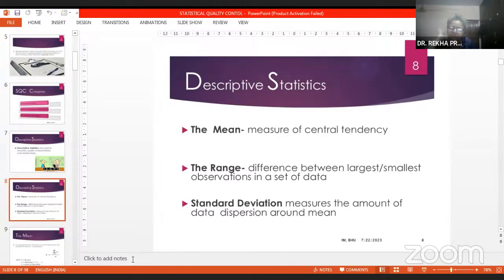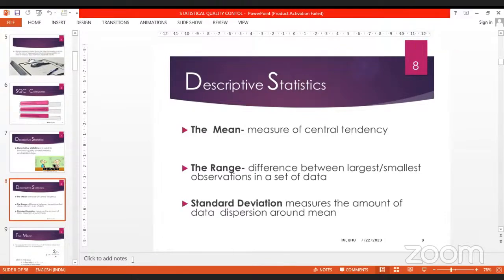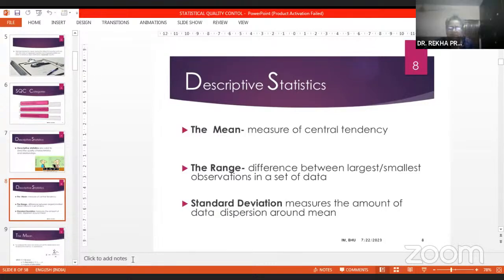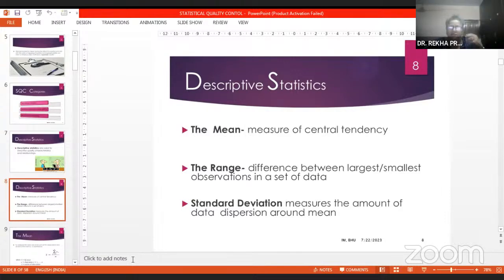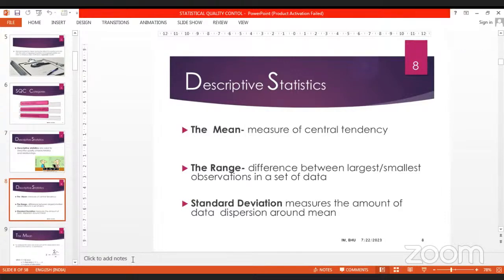Read it. The mean is the measure of central tendency. The range is the difference between the largest and smallest observation in a set of data. Standard deviation measures the amount of data dispersion around the mean.